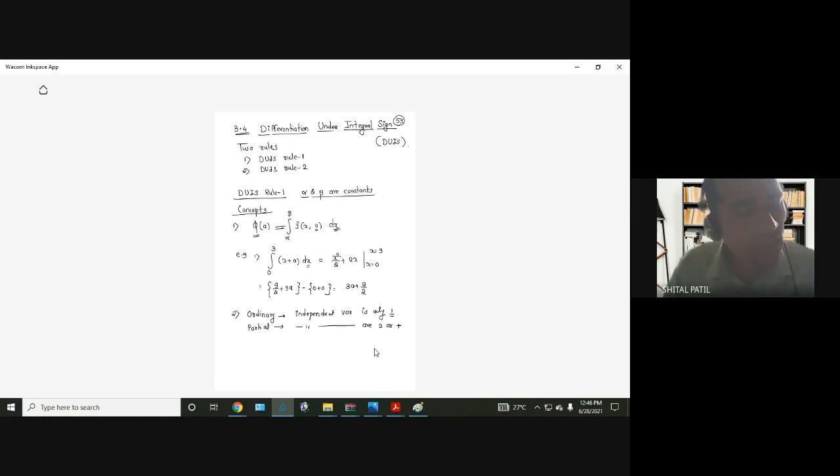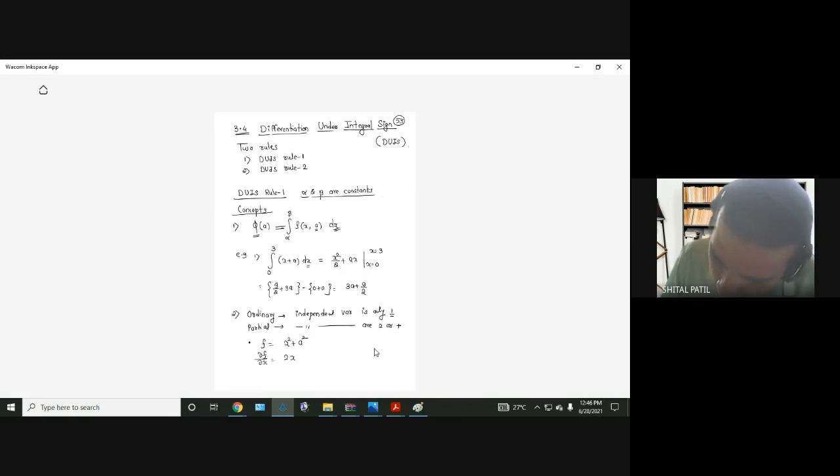Let me go through a few examples and we'll try to understand how we can find the derivative. We already studied examples in partial derivatives, but let me go through a few. First example, f equal to x square plus a square, and I want to find del f by del x. What is the derivative? 2x.